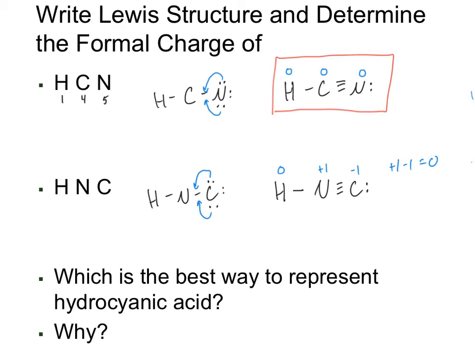We also see that in the other example with nitrogen central, we have a +1 charge on nitrogen, which is a fairly electronegative atom, so it really doesn't want a positive charge on it if it can be avoided. And so we do avoid that in the top Lewis structure. And so hydrocyanic acid will absolutely have carbon as the central atom.